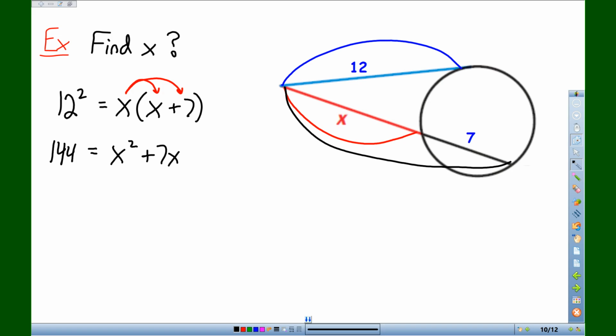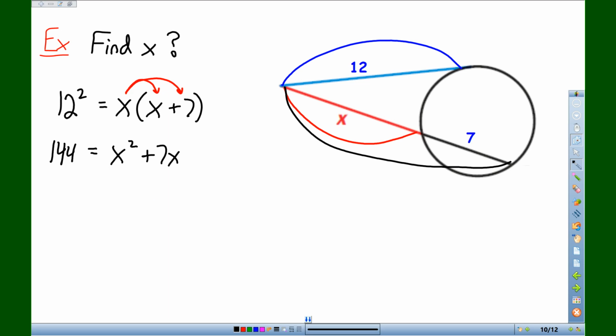Okay, so this is where things change a little bit. What we have is a quadratic. We have this x squared, okay? And the way that we solve quadratics is a little bit different than the way we solve a typical linear equation. Okay, so let me just show you what we can do.